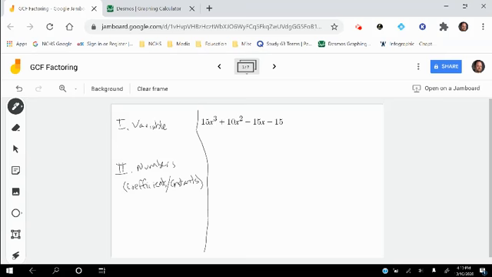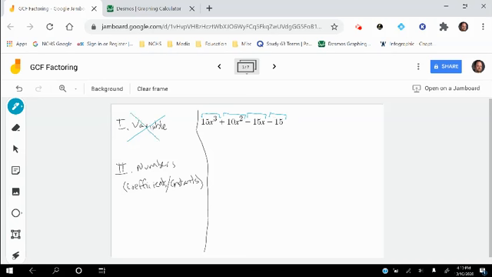So first, let's look at the variables. Now, when I look at these, and let me switch colors here, I have 4 terms. I look at the 4 terms, and I look to see, do they all have a variable? And in this case, that is a no. They do not all have a variable, so for this problem, variable doesn't matter.